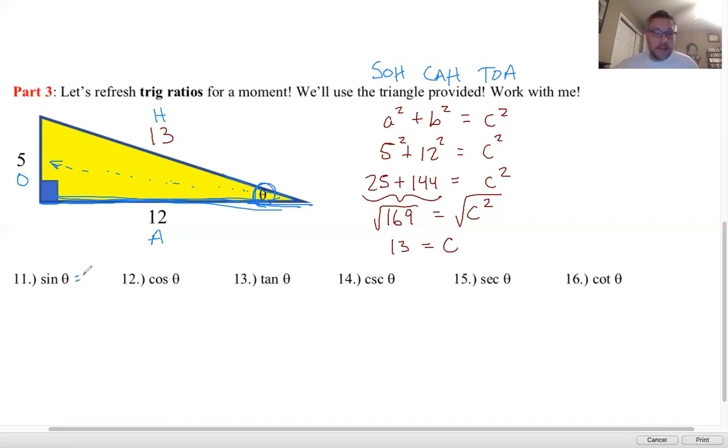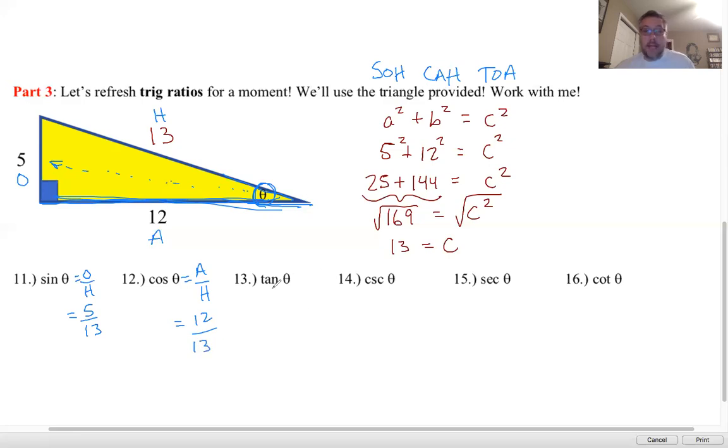So sine is opposite over hypotenuse, and in specific, it was 5 over 13. Boom, done. Cosine, here's the C in CAH, C for cosine, adjacent over hypotenuse, so that would be 12 over 13.